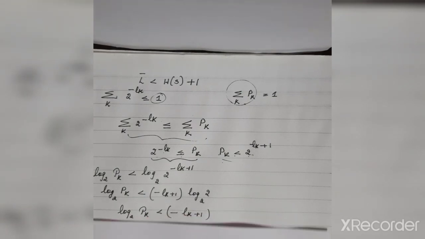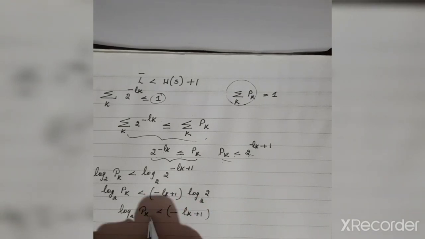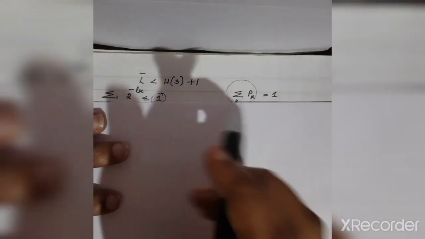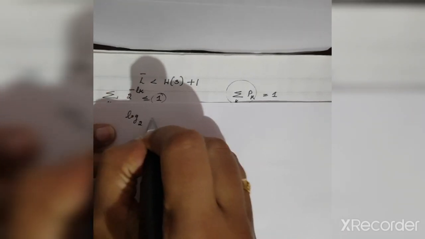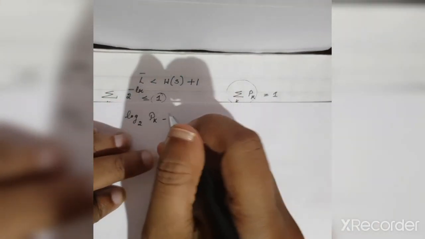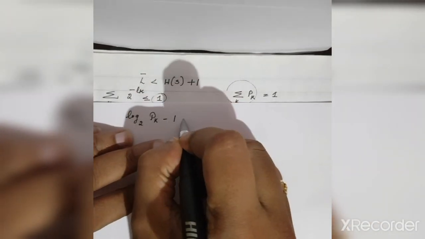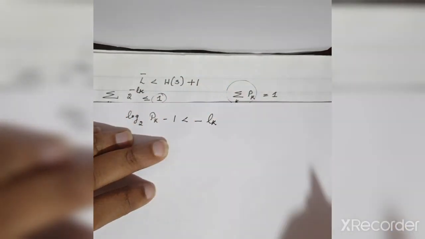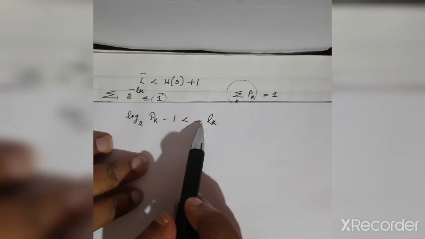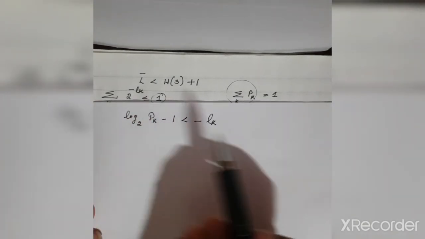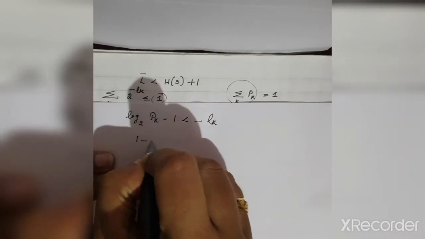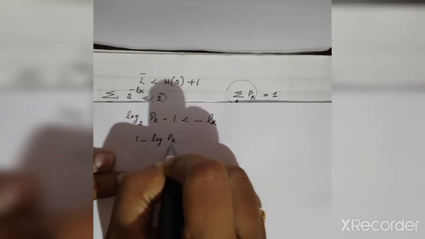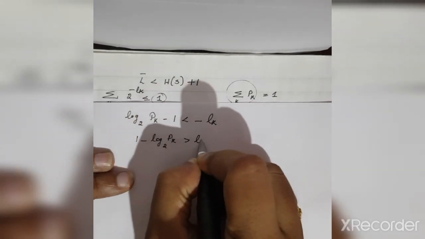Now let's continue. I'm going to take this 1 to this side, so it becomes log pk to the base 2 minus 1 less than minus lk. Now I'm going to take this negative sign to the other side, so obviously the inequality changes direction. So it becomes 1 minus log pk to the base 2 greater than lk.